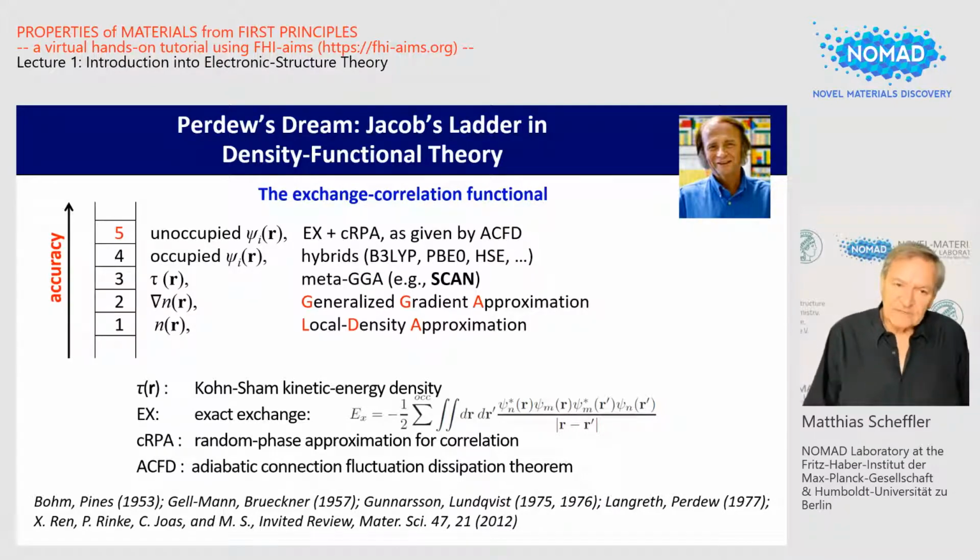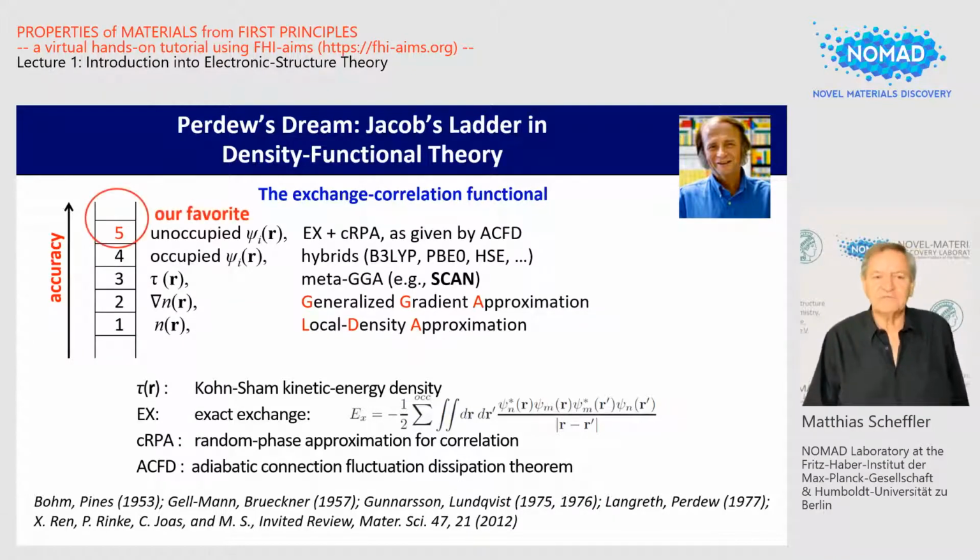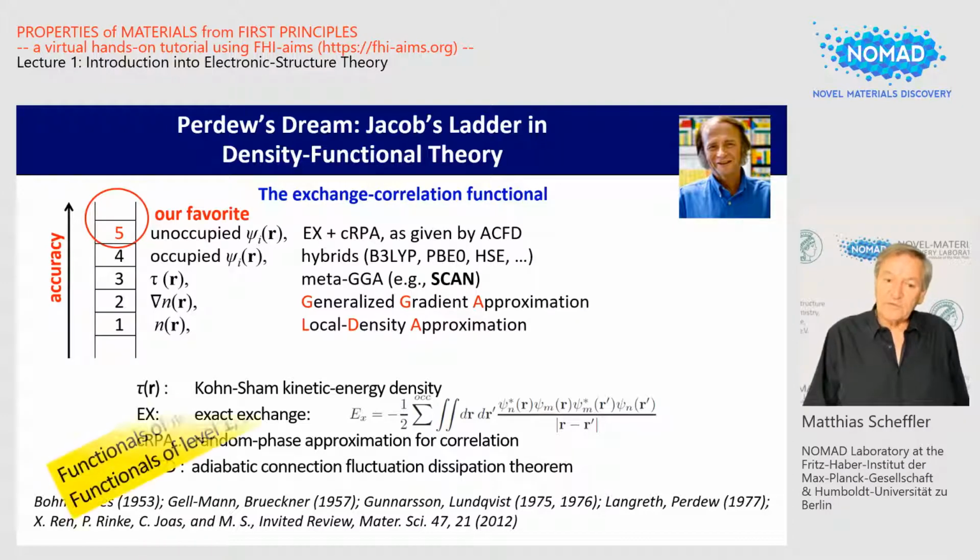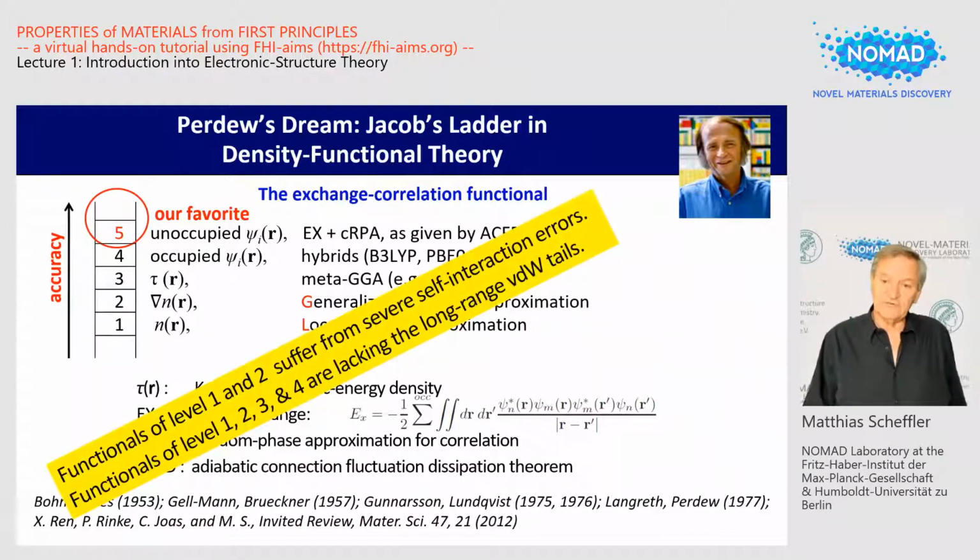The favorite, if you really want a comparison, being more or less sure, or not sure, if you want to say some confidence that you're right, would be in going to level 5. Because functionals of level 1 and 2 suffer clearly from severe self-interaction errors. The electron sees itself, which is certainly wrong. Functionals of level 1, 2, 3, and 4 are lacking the long-range van der Waals tails. You could add them.